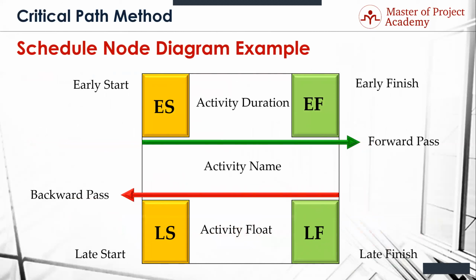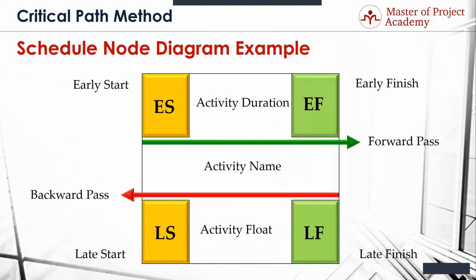When I did my test and made my little brain dump, I wrote this little diagram down on a corner of a note, because when somebody asks what's the late finish or what's the early start, for the life of me, I can't remember which corner these four go in. So I always just drew it out. And once I started writing it out, early start, early finish, late start, late finish, I just knew where they were. But I do it every time. I'm not saying you have to do that, but that's why the block is here.